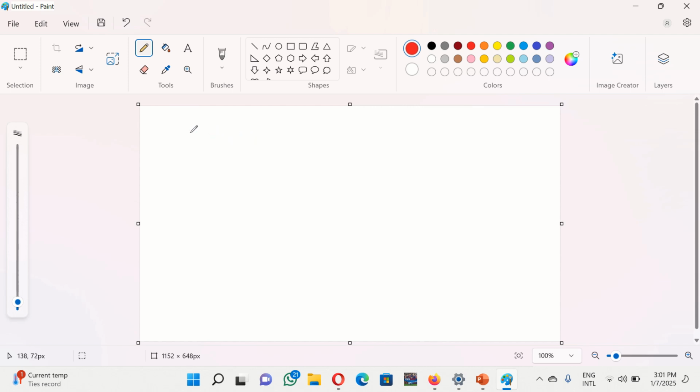So for the AND gate, we have the symbol to be like that. This is the symbol for the AND gate. Then we have the output. Sorry, let me add the output.